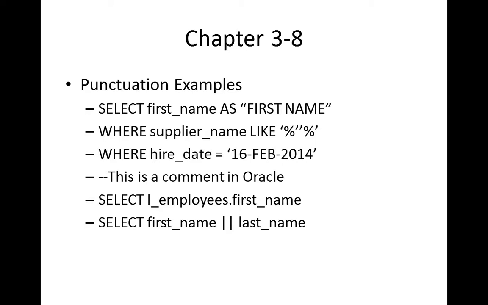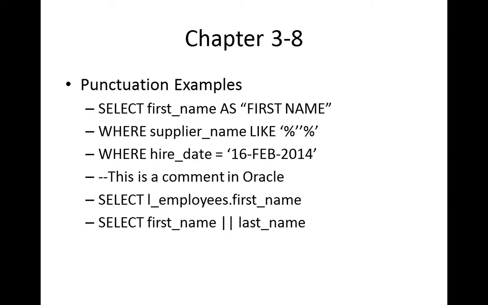And notice when we go for a date, we use the Oracle default: single quotes, the day, dash, 3-character month, dash, a 4-character year. And that's what we're going to get when we start working with dates. Double dashes is a comment in Oracle.